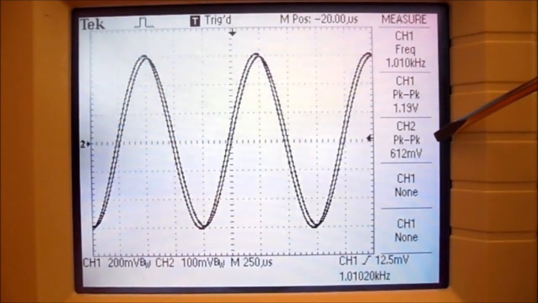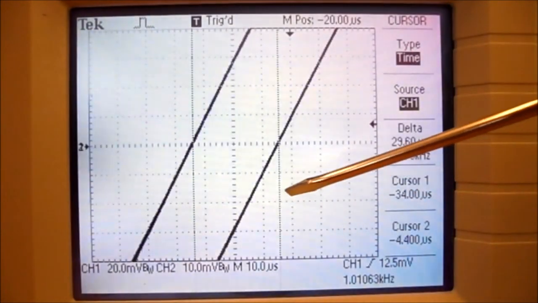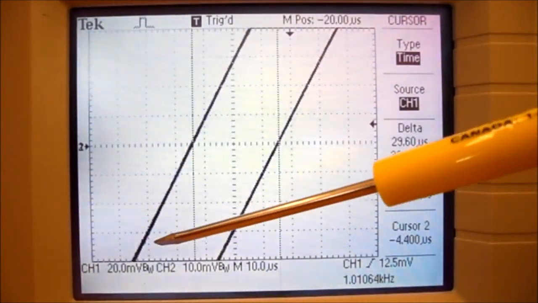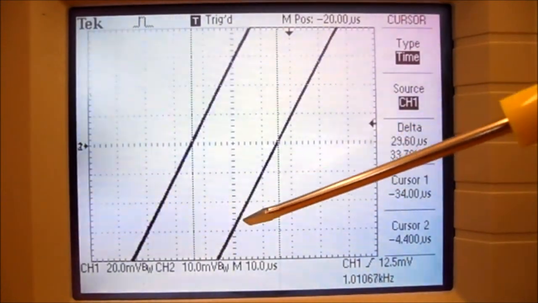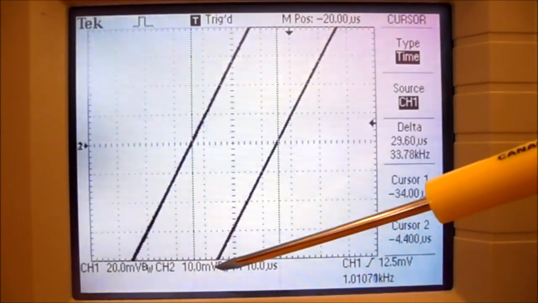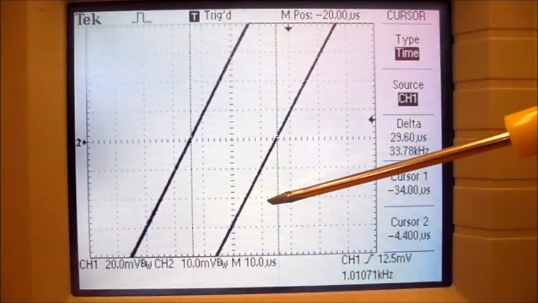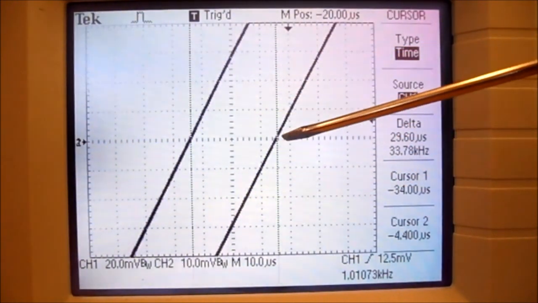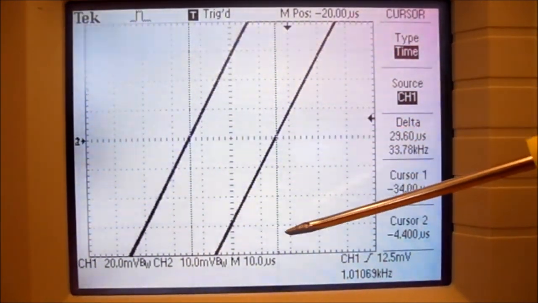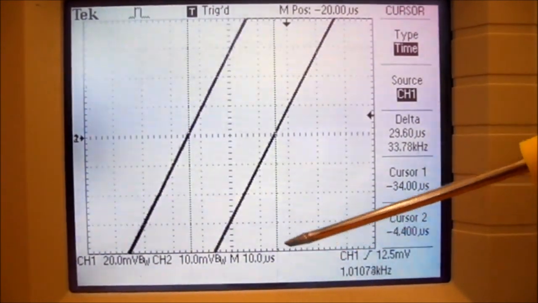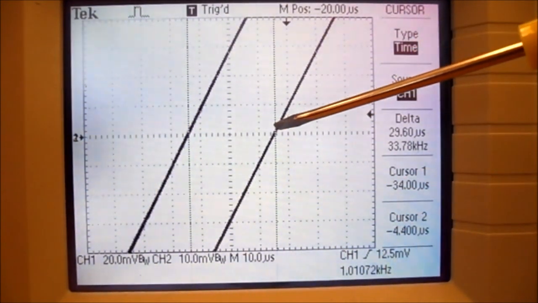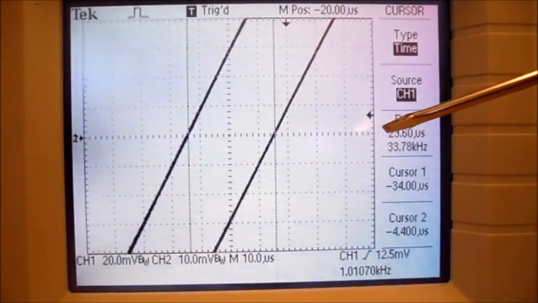And my channel 2 output is 612 millivolts. So looking at the output on my oscilloscope, you can see I've changed the volts per division for both channels to get the lines running as vertical as possible. And I've changed the seconds per division to get as much space between them as possible.